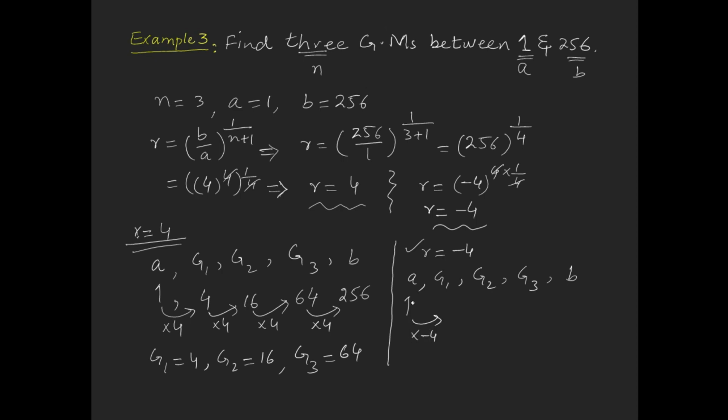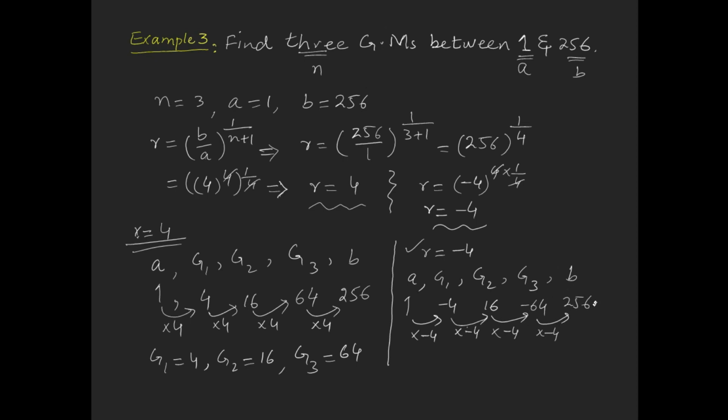So minus 4 multiplied by 1 is minus 4. Now again minus 4 is multiplied with minus 4 and we get plus 16, and then minus 4 is again multiplied with 16 and we get minus 64. Again minus 4 is multiplied and we get plus 256.